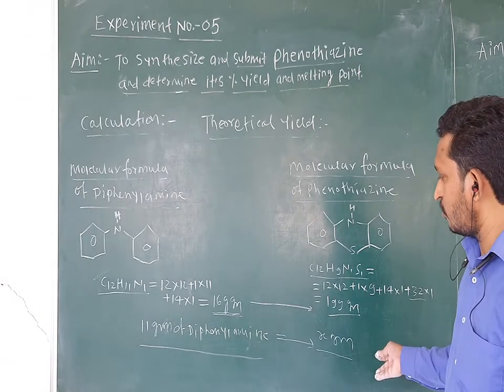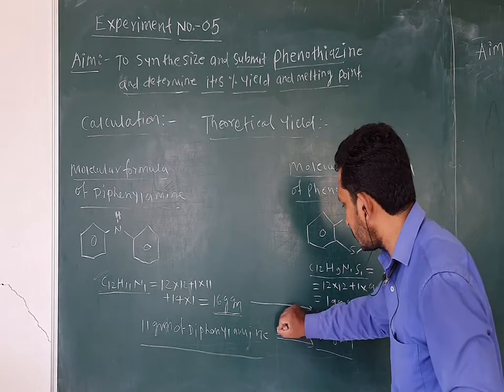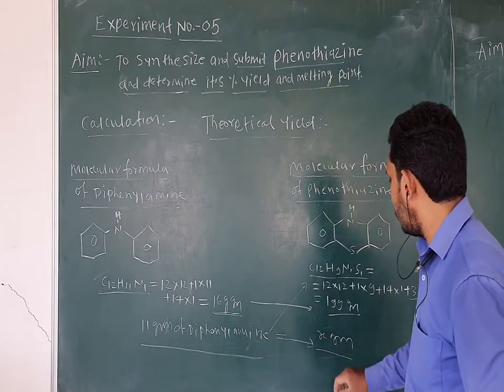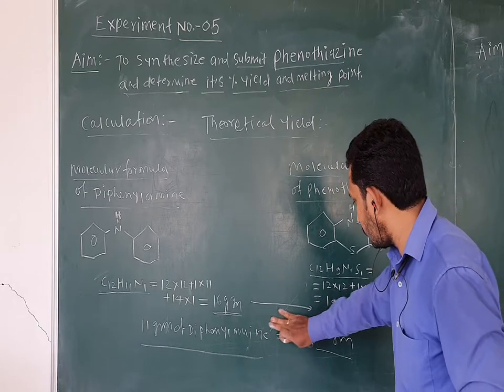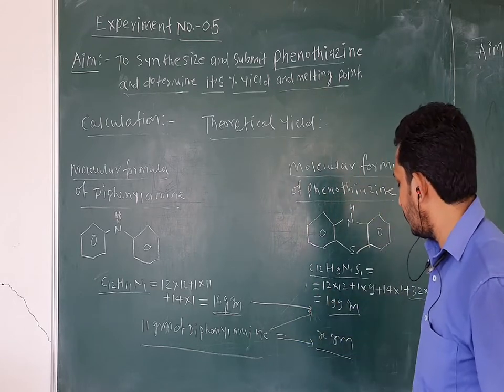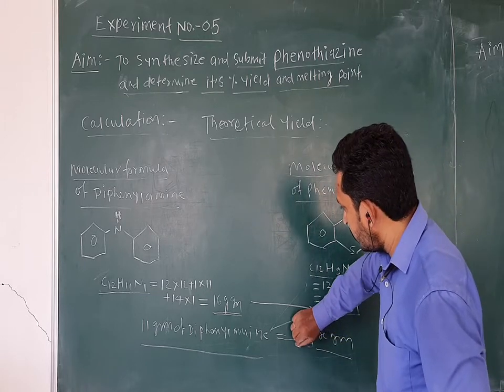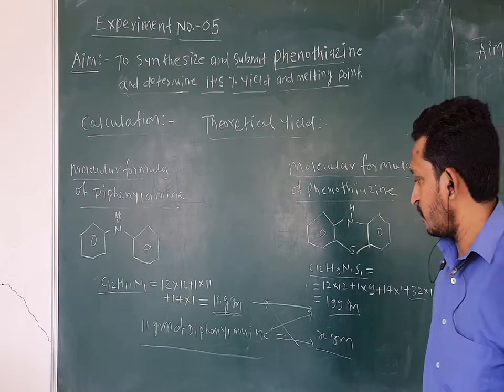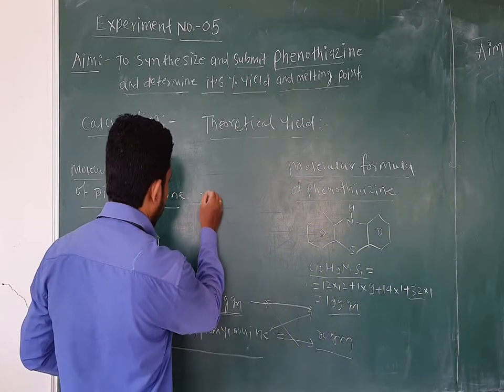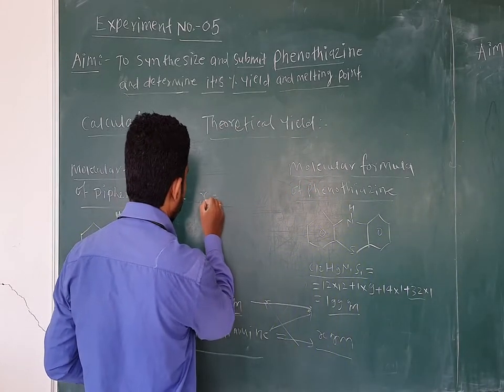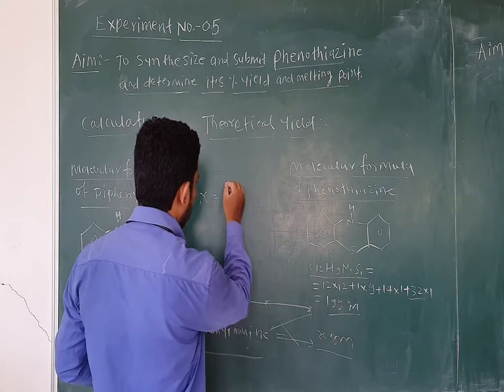So there is a cross multiplication, 11 into 199 divided by 169. So I am writing here x is equal to 11 into 199 divided by 169.